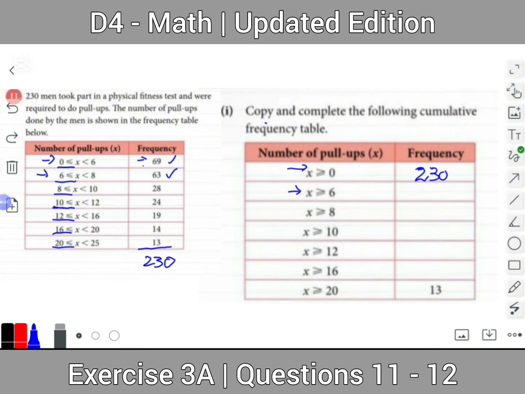So in other words, we will do 230 minus 69, which gives us the cumulative frequency of 161.